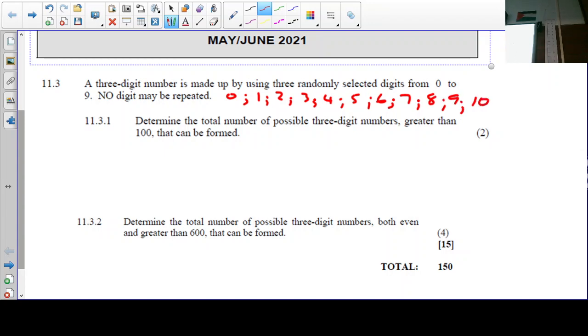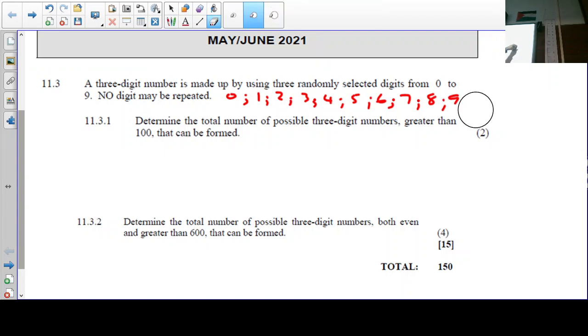If you count those digits, there are 10 digits in total. The question says determine the total number of possible 3-digit numbers greater than 100 that can be formed.